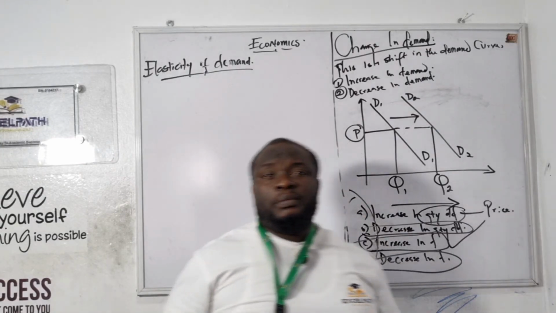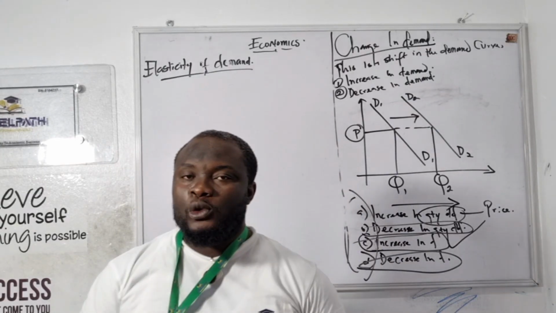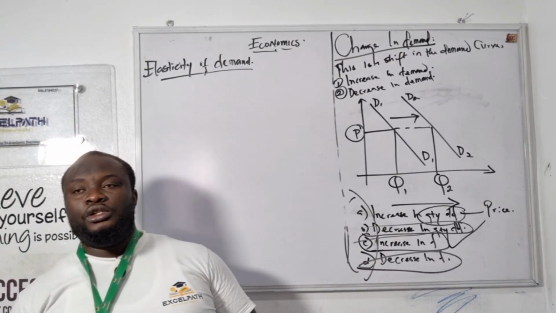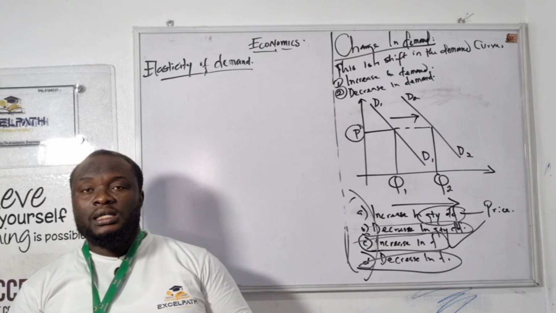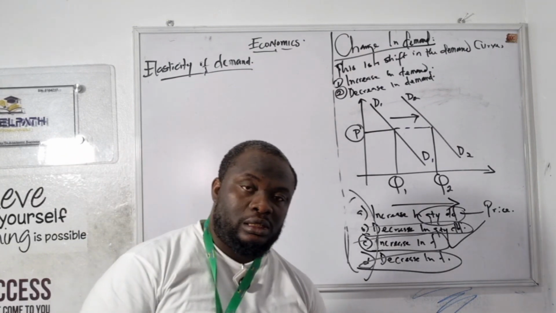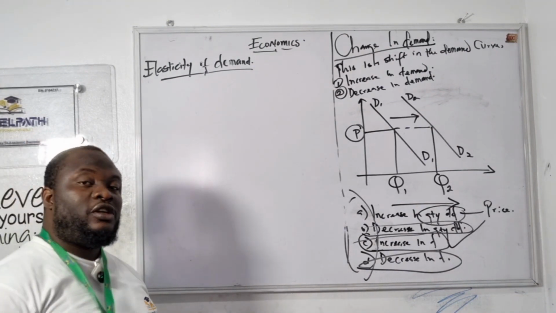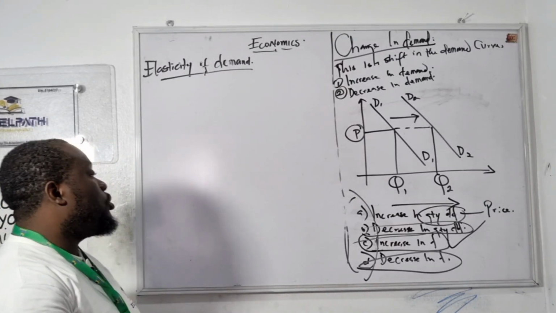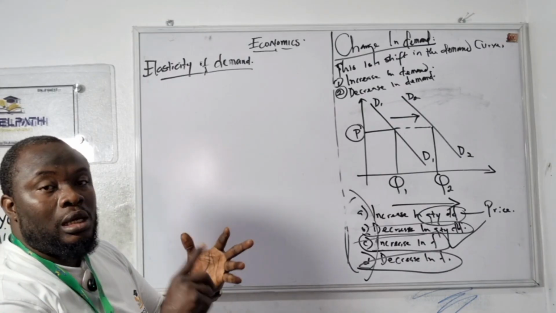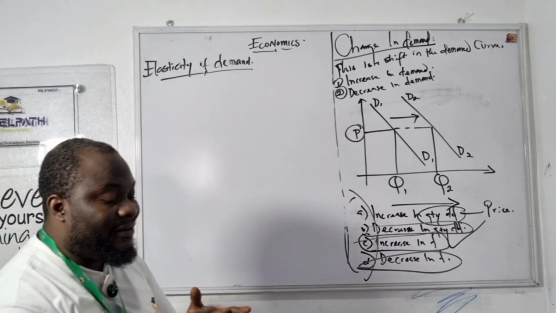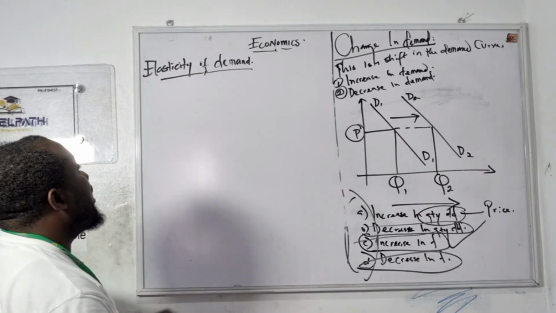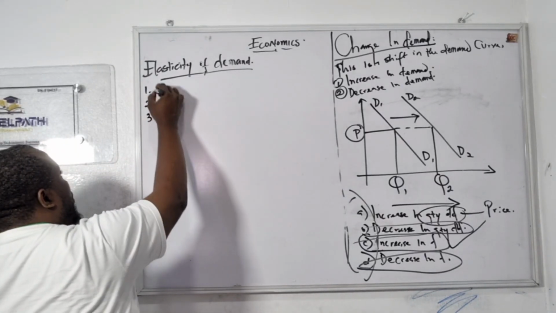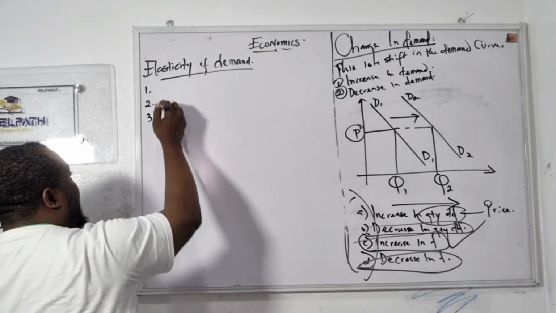Now, elasticity of demand is the degree of responsiveness of demand to change due to change in income, price, and other factors affecting demand. That is, how demand reacts or responds to little change in price, income, and other factors affecting it. Now, we have three types of elasticity of demand.